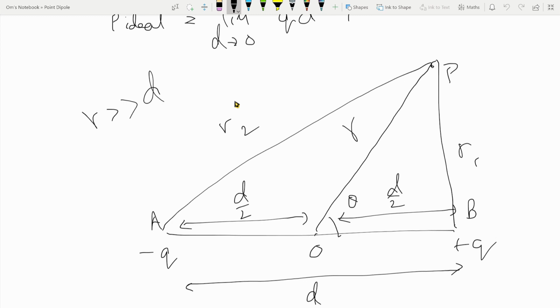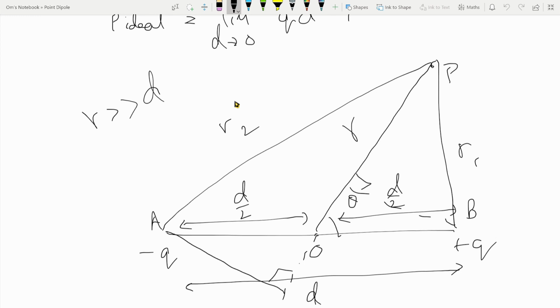So for that, I'm going to draw a perpendicular from, say, point B over here, and I'm also going to extend this OP over here, and then I'm going to draw a perpendicular from point A to the line as well. So what happens is that I can approximately say that the distance r2 is approximately equal to r plus this extra distance OC.